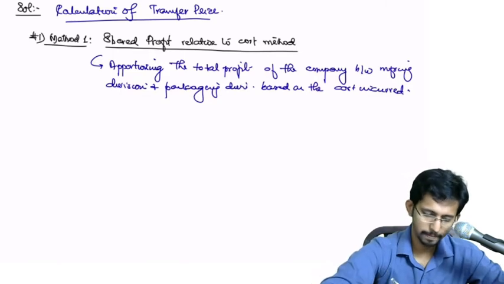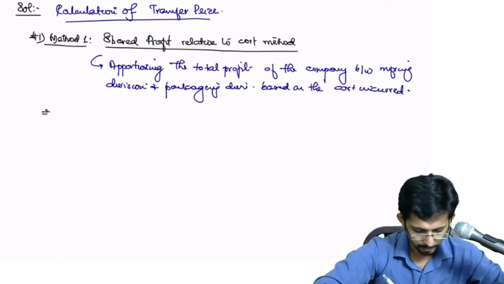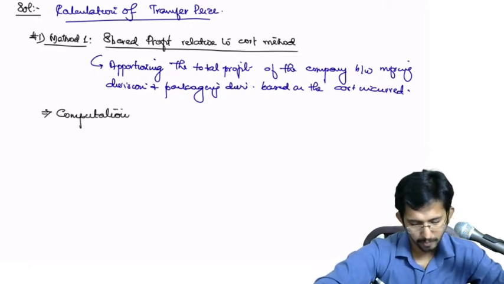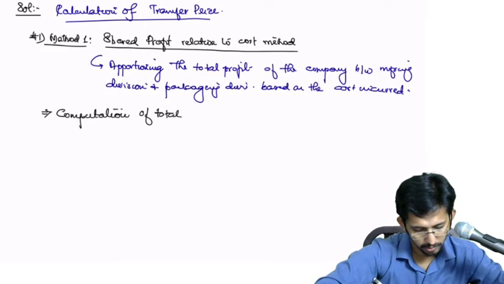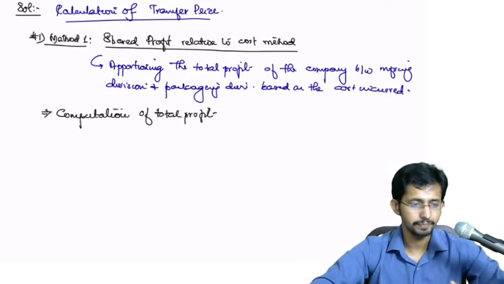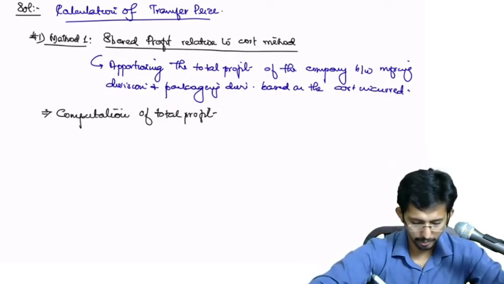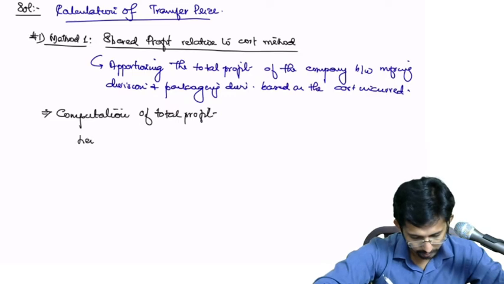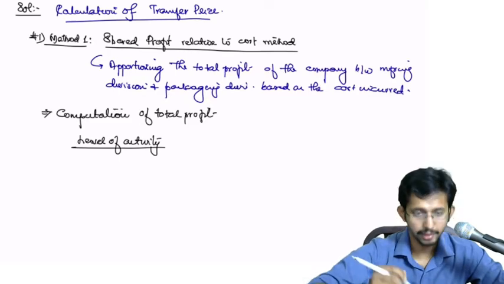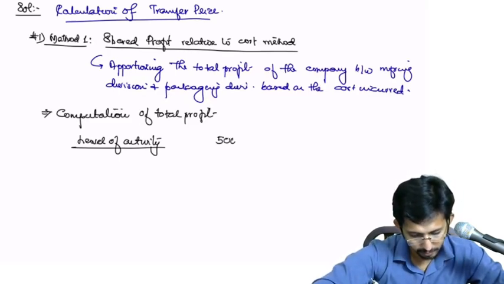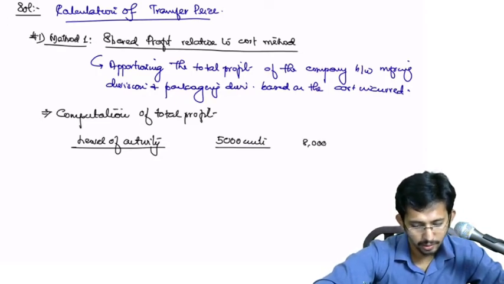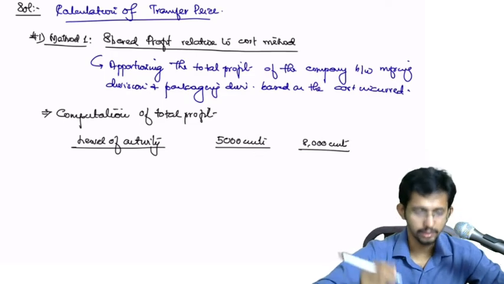So first is computation of total profit of the entity. Okay, how do you find it out? You have the level of activity, 5,000 units, then 8,000 units.